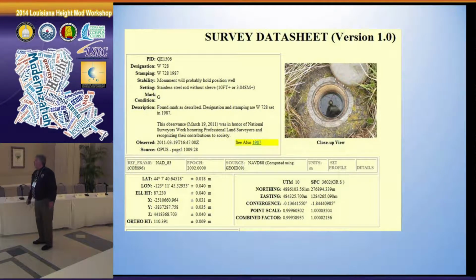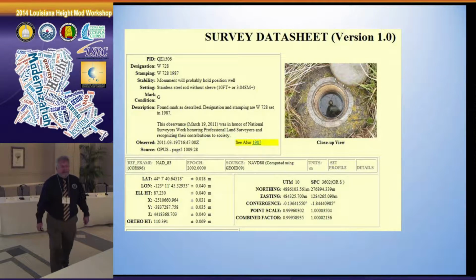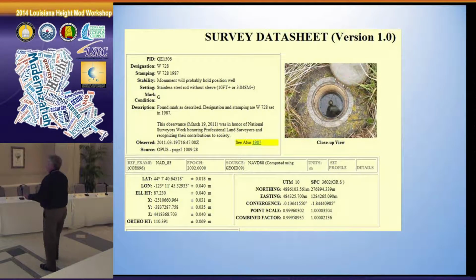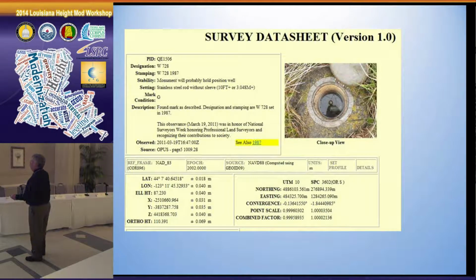Here's a picture of what you would look at after an OPUS DB submittal. You'll have pictures of the point, a latitude, longitude, and an XYZ. Well, we know what that is now. That's an XYZ from the origin of 983.